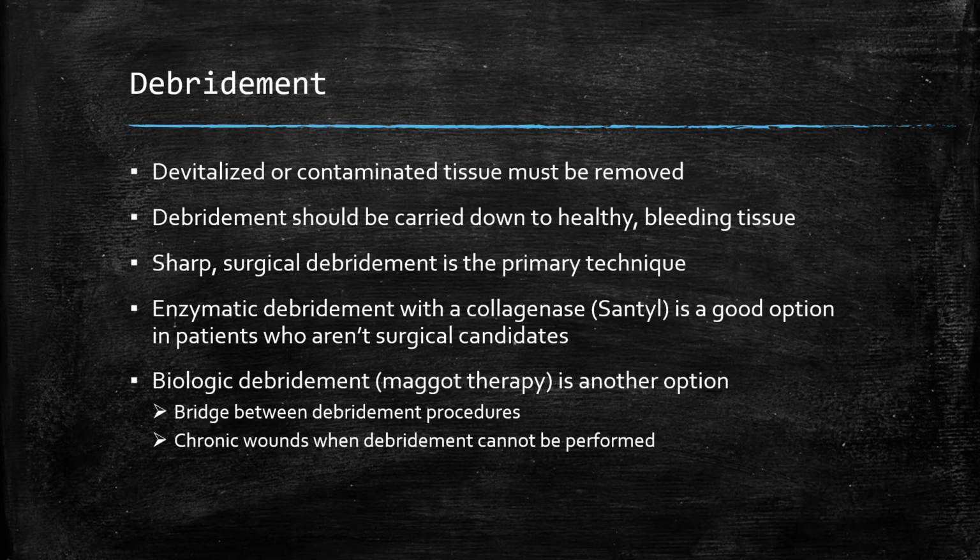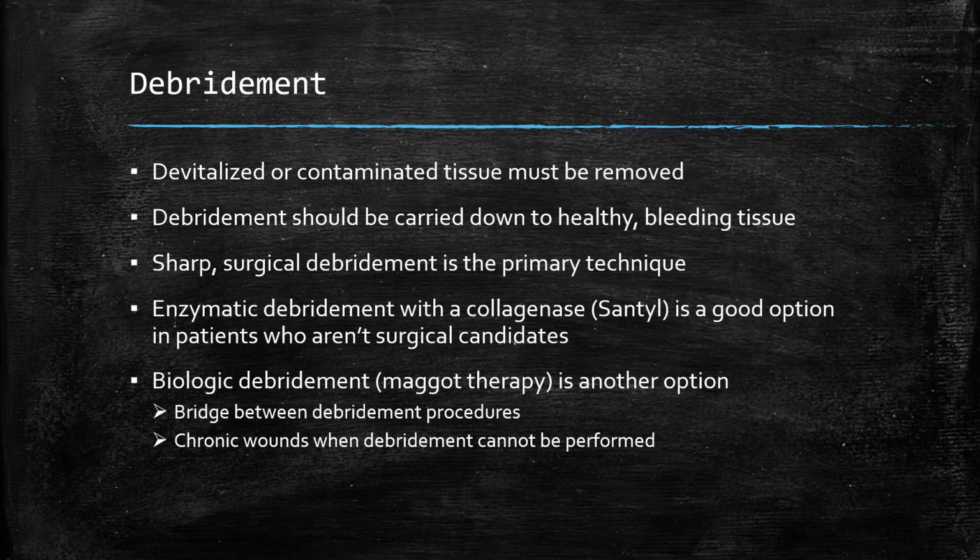The next step in wound management is debridement. All devitalized or contaminated tissue must be removed, and the debridement must be carried down to healthy bleeding tissue. Sharp surgical debridement with a knife, scissors, or curette is the primary technique.